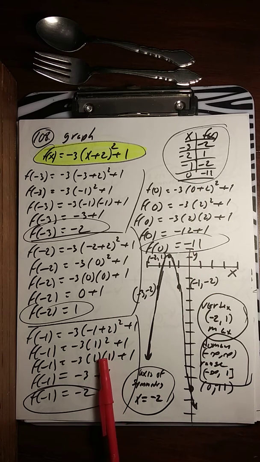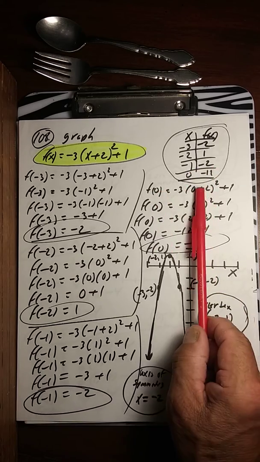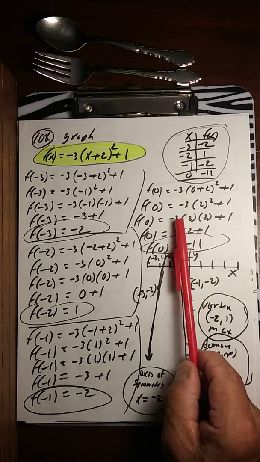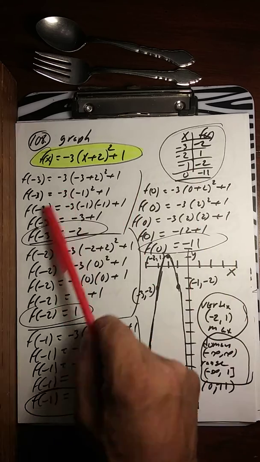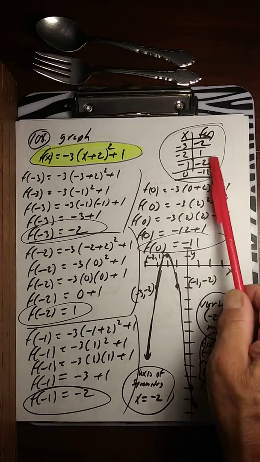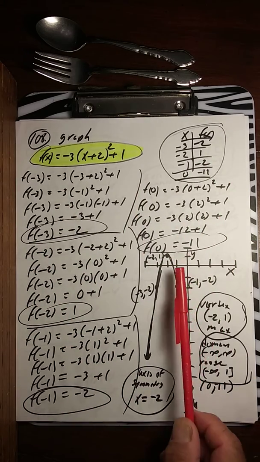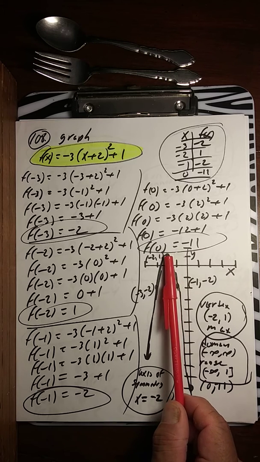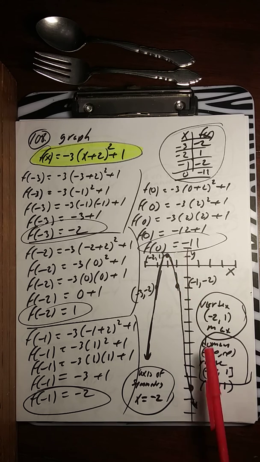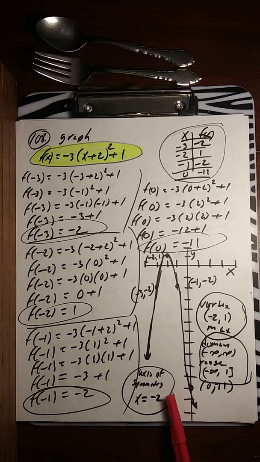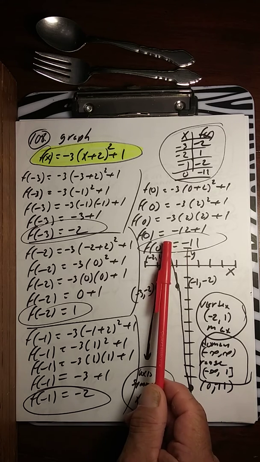Negative 1 squared is 1, times negative 3 is negative 3, plus 1 is negative 2. And put a 0 in there, you get 2 squared is 4, times negative 3 is negative 12, plus 1 is negative 11. So you get all these points. Put them in there. Connect the dots. So we're going to have the vertex right there, the y-intercept right here. The axis of symmetry is going to be negative 2 right there.